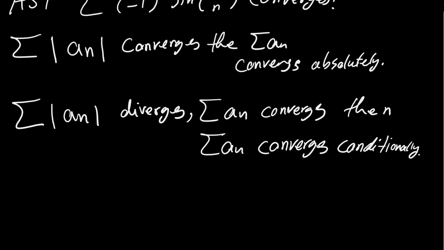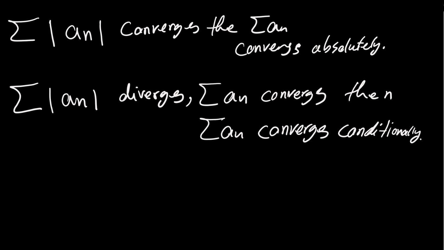So we have two kinds of convergence, conditional and absolute. If you evaluate sigma absolute value of an and you see it converges, then sigma an converges absolutely. If the absolute value series diverges but the original series converges, then the kind of convergence is conditional.